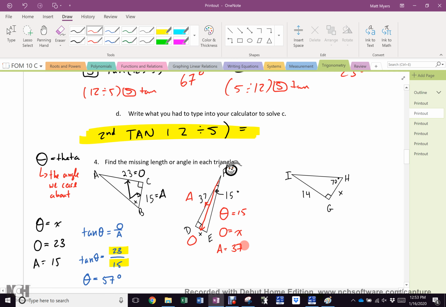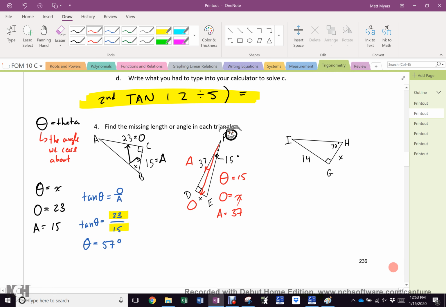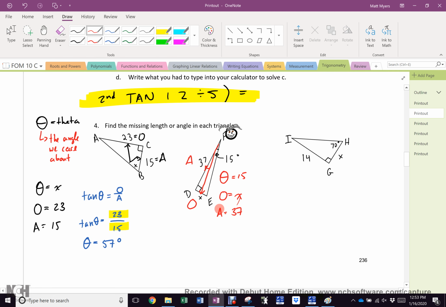And what do we know every single time we see a theta, an O, and an A? The tan of theta is what? O over A.